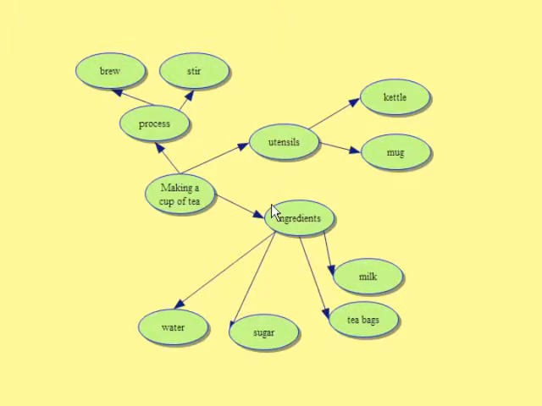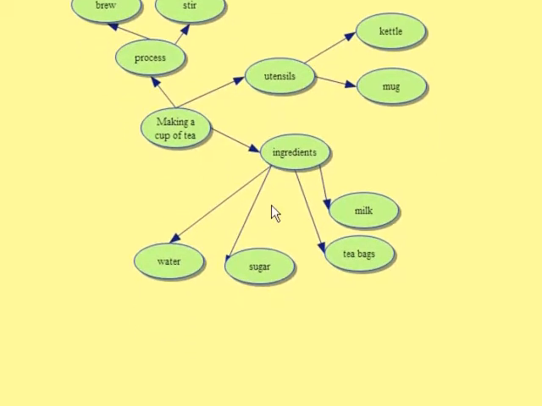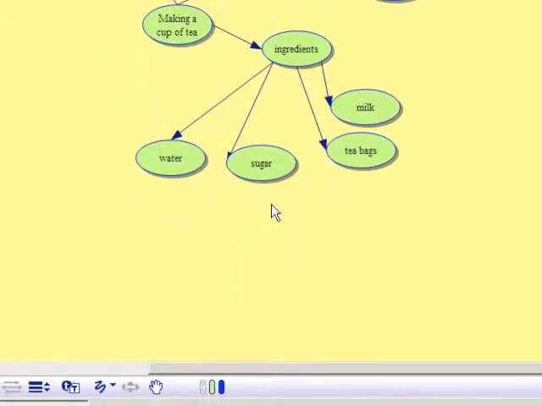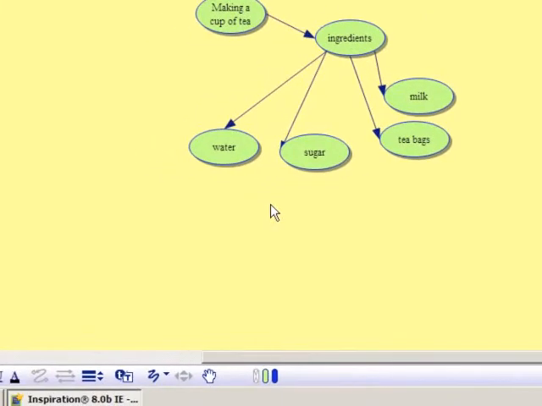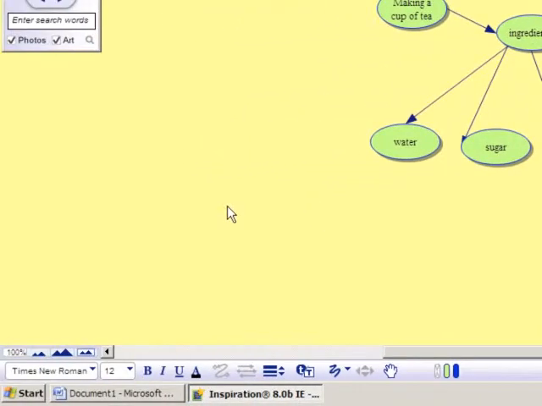Okay, I've expanded the screen a bit now so we can see the other toolbars. So we've got our diagram in the middle of the screen, and if I move down to the bottom of the screen we can see the lower toolbar. Now here we've got a number of tools for changing what our diagram looks like, or what elements of our diagram look like.